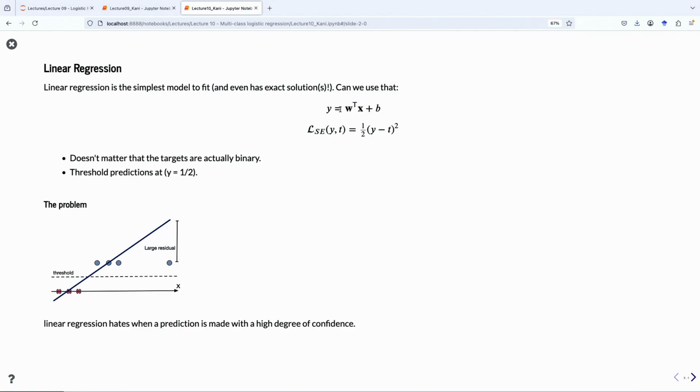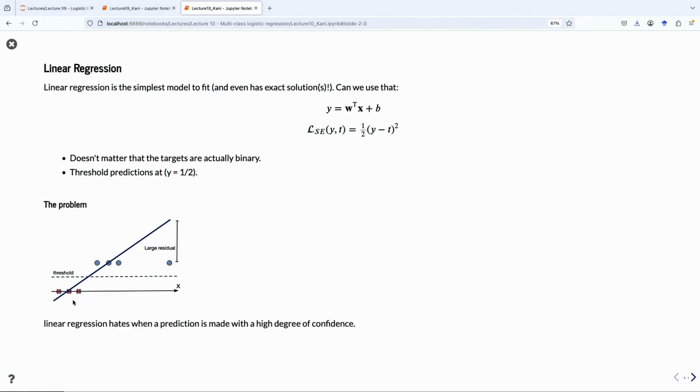The squared error loss function does this well, and for simple data sets, this works very well. Now, the problem with this was, of course, that this linear model isn't really a classification model. It's just a line that gets fitted to some data. The data itself is not linear. The data itself has two possible values.